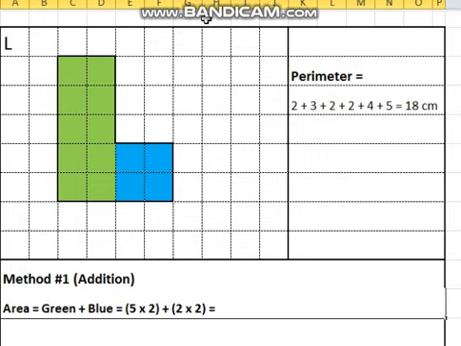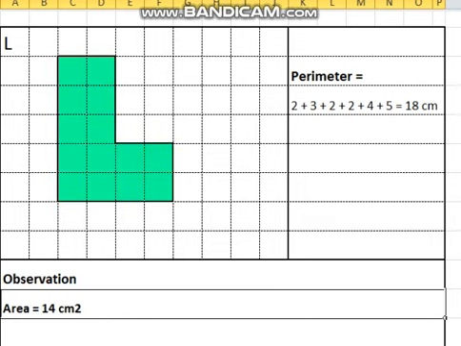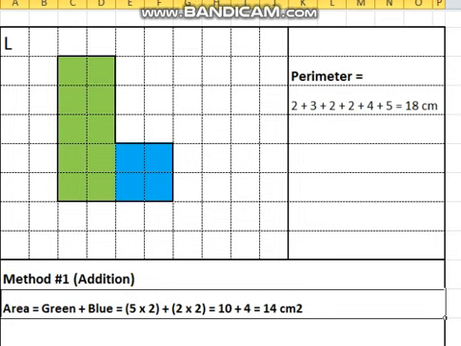Let's do the calculation. 5 times 2 is 10, and 2 times 2 is 4, and then we get 14 square centimeters. Just now, if we compare with the one we did by observation, we also got 14 square centimeters. So if you do it by addition, it is the green plus the blue.